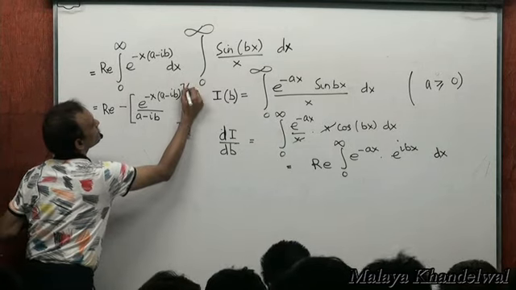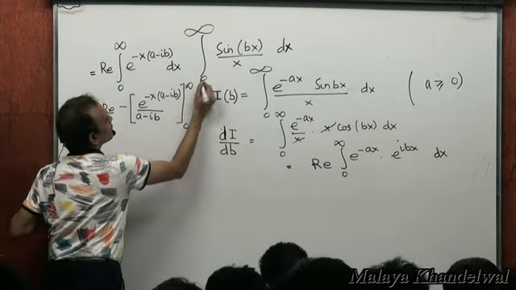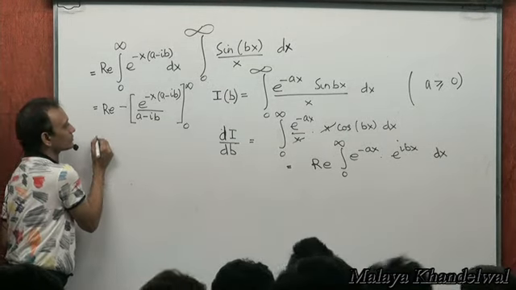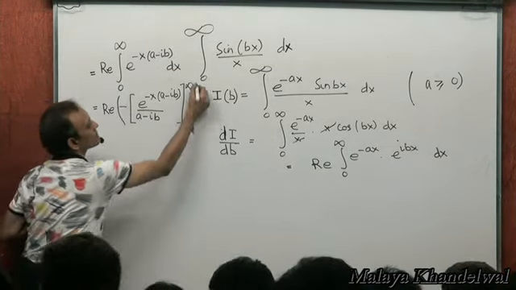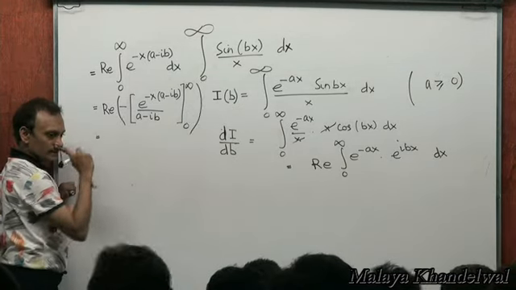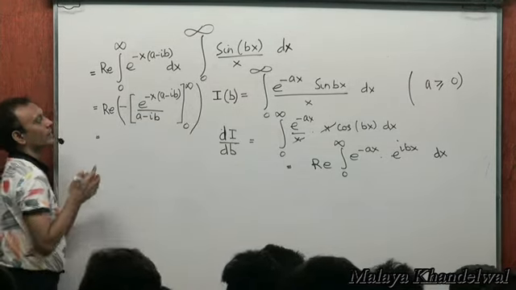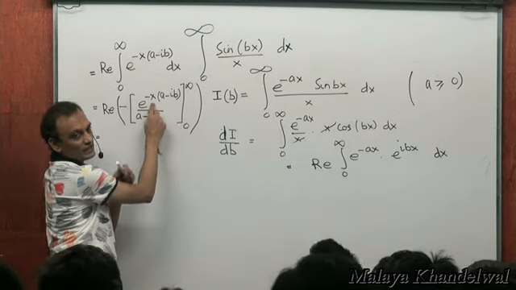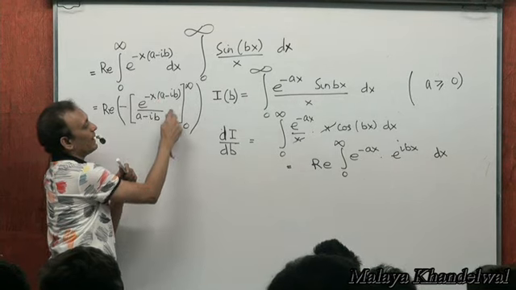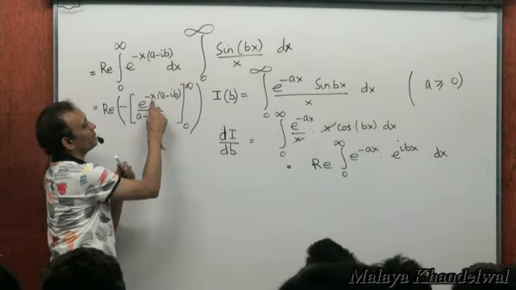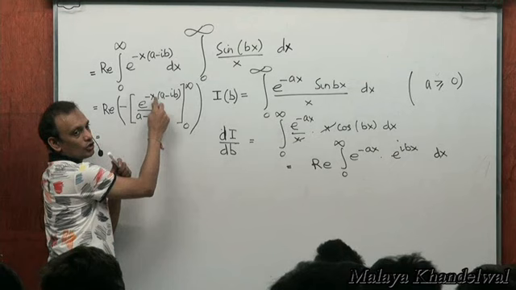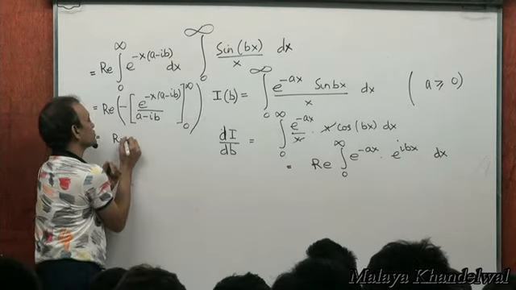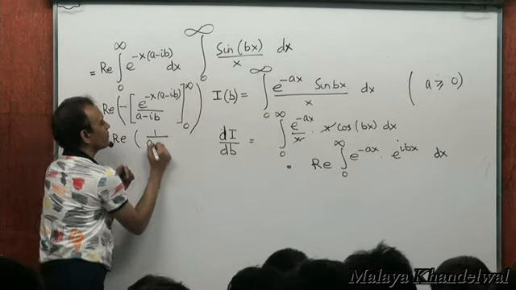X runs from 0 to infinity. Real part of this. Now, at x equal to infinity, this will become 0, e power minus infinity. So 0 minus, at x equal to 0, this will become 1 by (a minus ib). So 0 minus 1 by a minus ib, with a minus out, this will be the real part of 1 by (a minus ib).